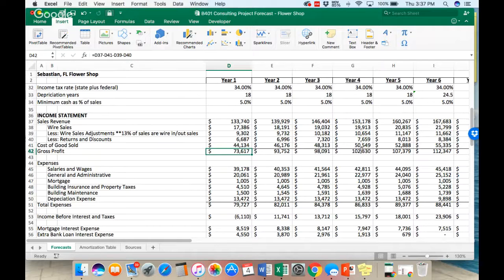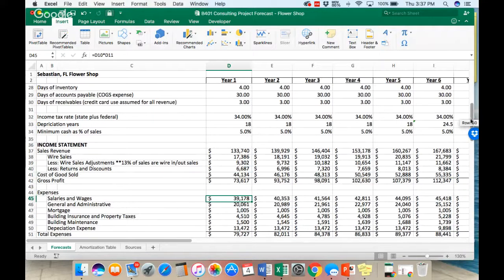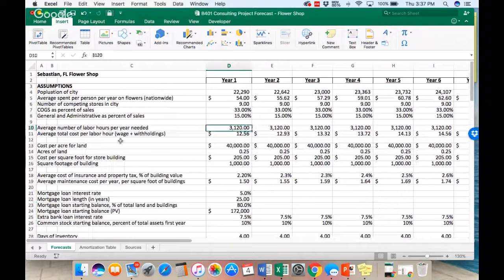Moving on to the expense portion of the income statement, our salaries and wages. We calculated that by taking the total available working hours for 1 full-time employee and 1 part-time employee, which, if we go up here to D10, we calculated the average number of labor hours available as 3,120, and then we multiplied that by the average total cost per labor hour.